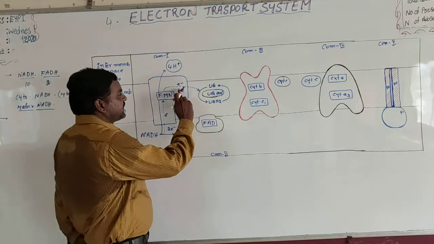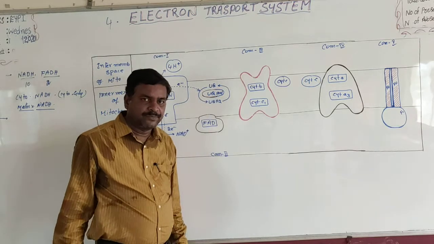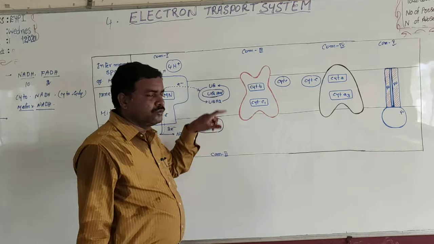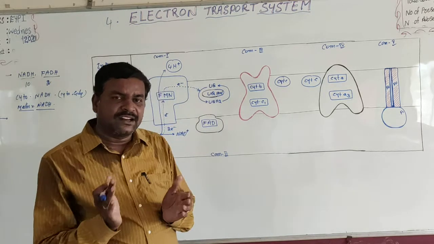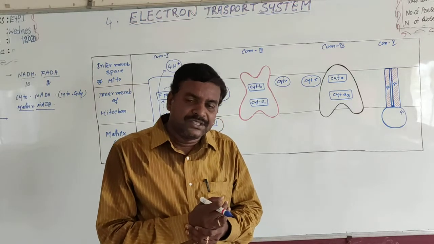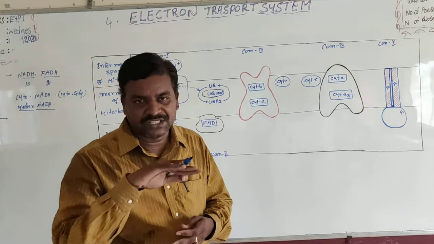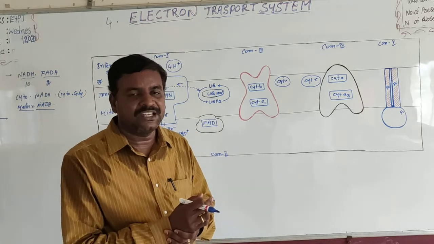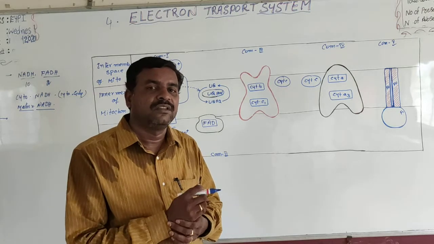Now these electrons are accepted by UQ. Generally, this UQ contains one electron. One electron is permanently present in UQ. Then it is present in a partial oxidative state and partial reductive state. That is called semi-ubiquinone.